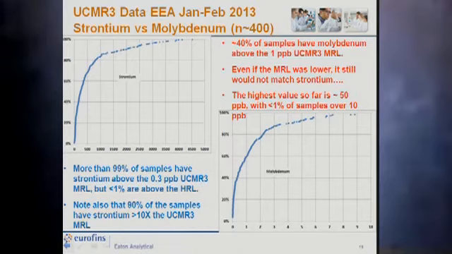If we look at molybdenum on the right here, we've got about 40% of the samples with detections above the MRL. But even if the MRL were much lower, we still wouldn't see the same frequency that we've seen with strontium. The highest value we've actually seen so far is about 50 ppb, which is still less than the molybdenum health reference level, with less than 1% of the samples being over 10 ppb.